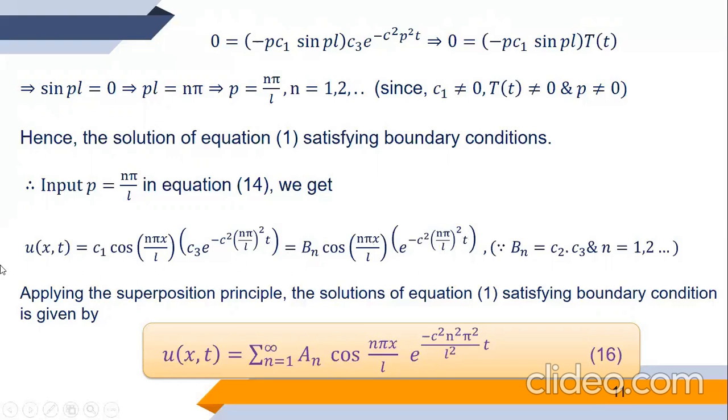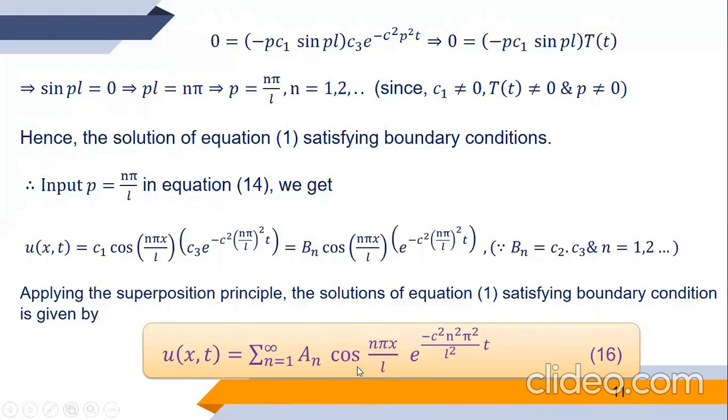Now in this equation, we are applying the superposition principle. The solution of equation 1 satisfying the boundary condition is given by u(x,t) is summation n is 1 to infinity An, sorry, Bn. We consider An is also constant, Bn is also constant, but here the term is cos, so we consider An.